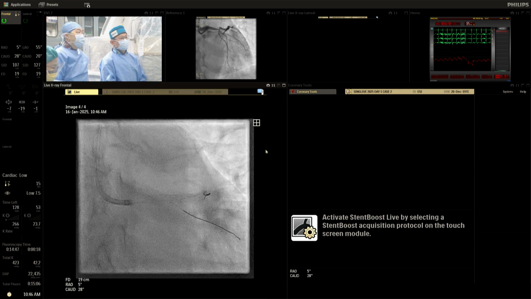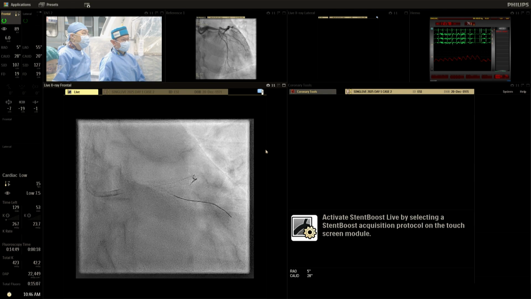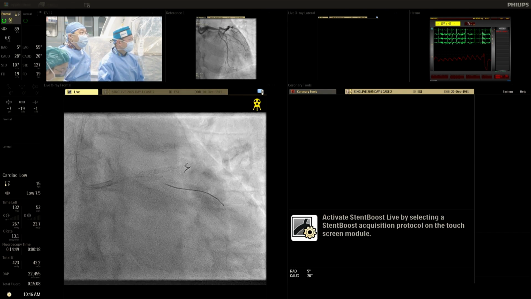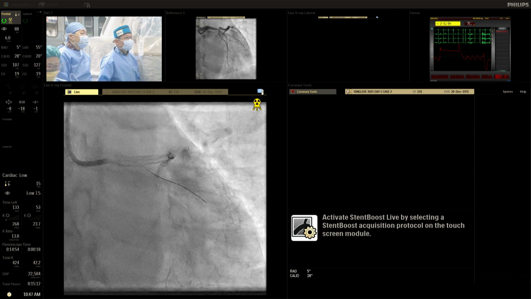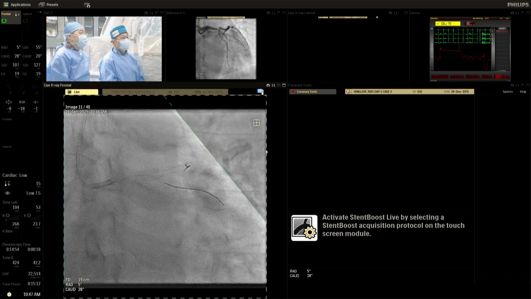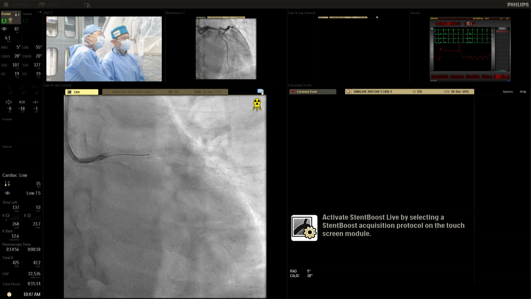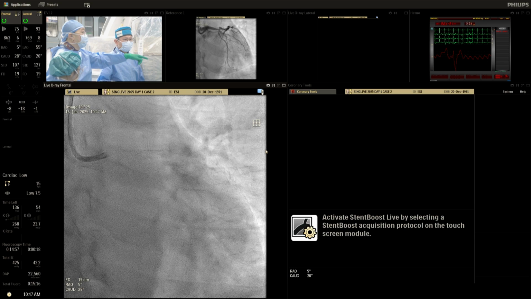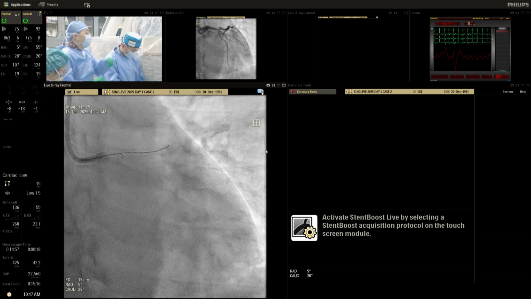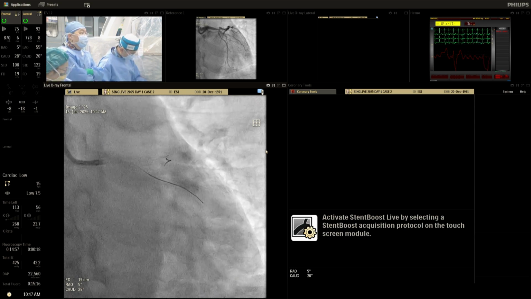All right, so we've done the case and plotted it again with the left main. So we're going to do the final picture here. Okay, remove the wire. Can we have epi caudal? Yeah, both caudal, and then one more.